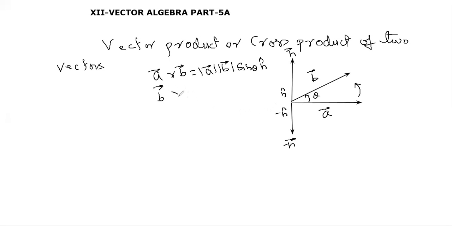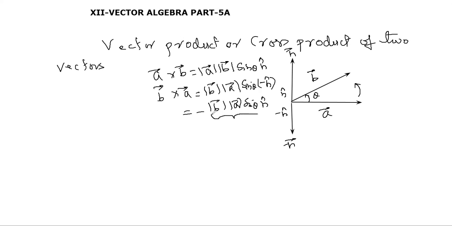The direction of B cross A will be minus n cap, and this will be equal to magnitude of B into magnitude of A into sine of the angle between the vectors, and minus n cap. So we can write the minus at the start: magnitude of B into magnitude of A sine theta n cap, which is the value of A cross B. So we can say B cross A is equal to minus A cross B.